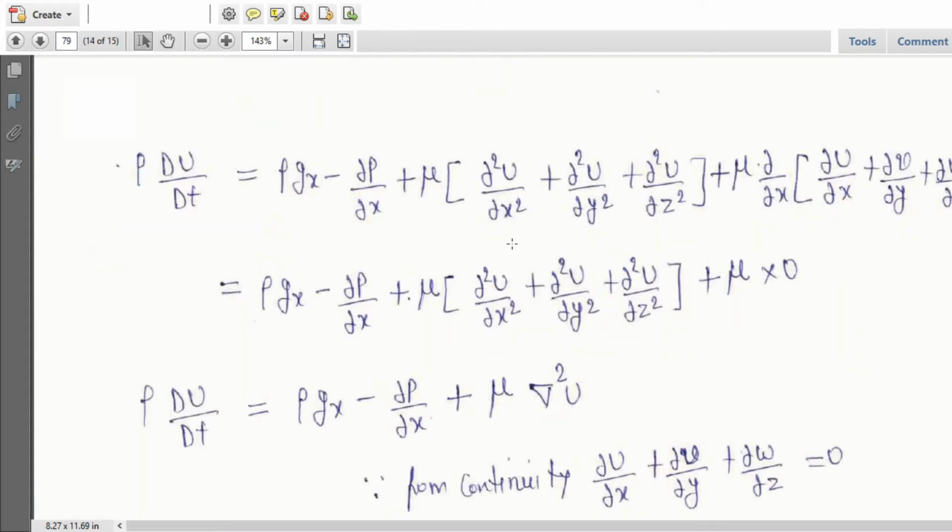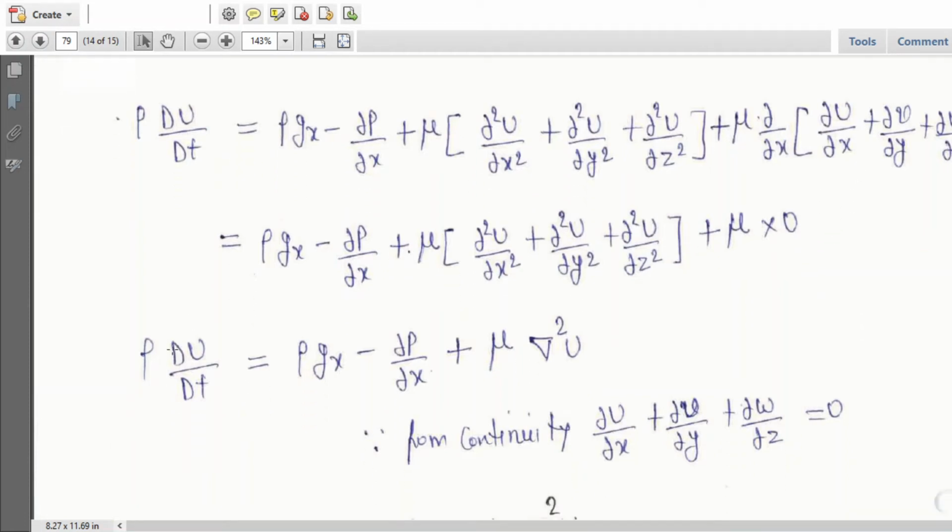So we can rewrite this into this format. This we already have. Here we have taken the common mu del upon del x. Inside the bracket we have del u upon del x plus del v upon del y plus del w upon del z, and this term we already have from continuity. This is equal to 0.